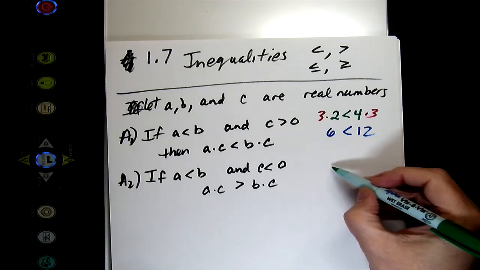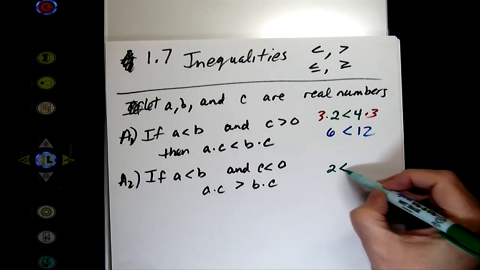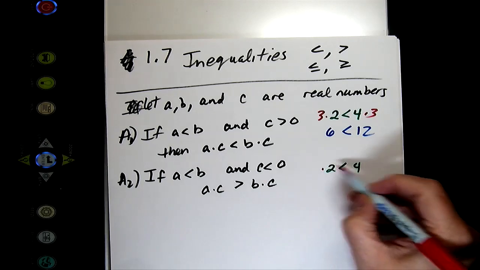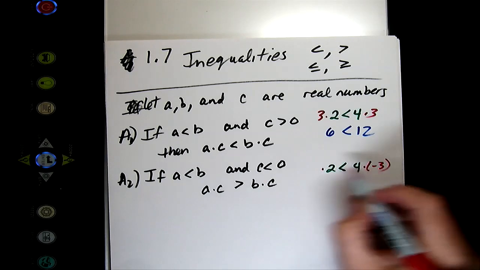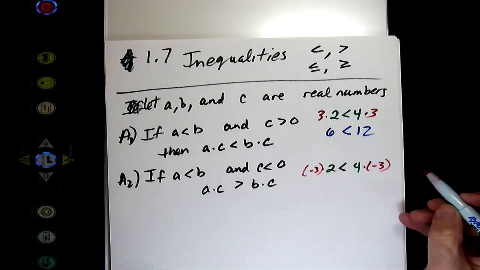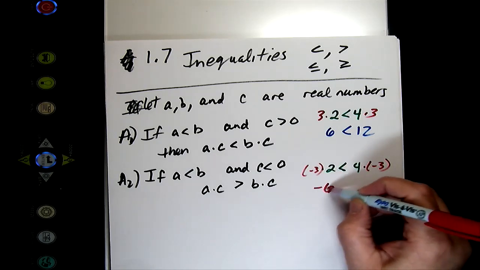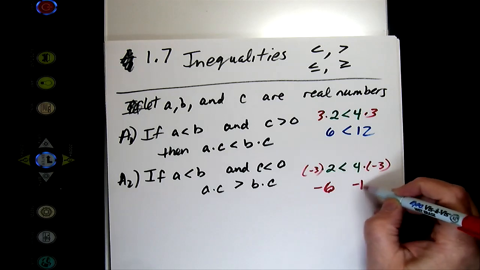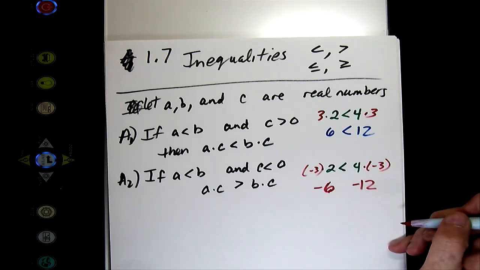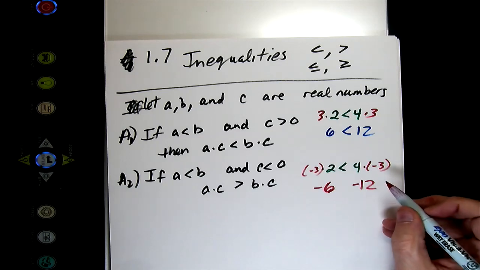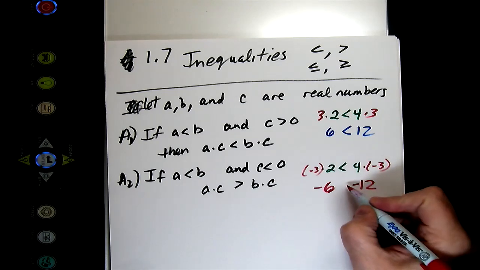If I start with the same 2 is less than 4, and I multiply both sides by -3, on the left I get -6, on the right I get -12, and I'd rather only owe someone $6 rather than $12 because $12 is lower.